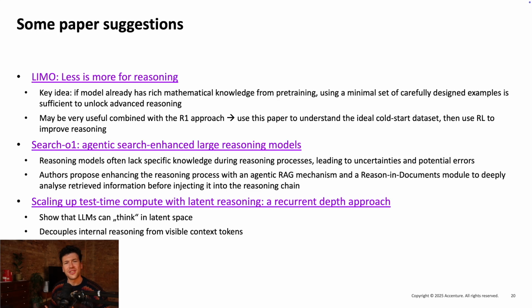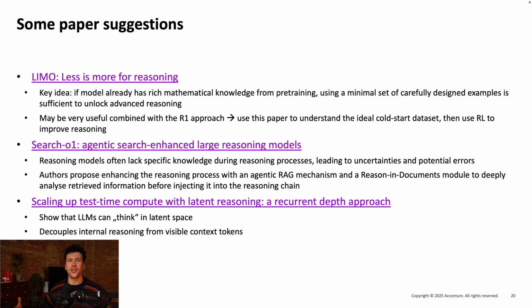So if you're interested in learning more about this and want to read further, I have some more paper suggestions which may be interesting for you. All of them are linked in the description. The first one is LIMO, less is more for reasoning. And the key idea is that if your model already has a rich mathematical knowledge from pre-training, you don't need a big data set to unlock the advanced reasoning.